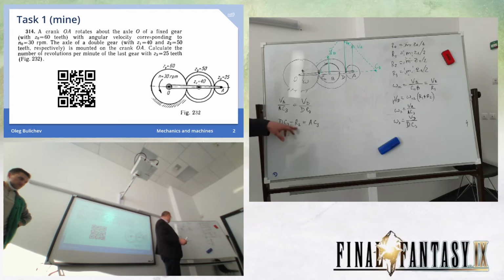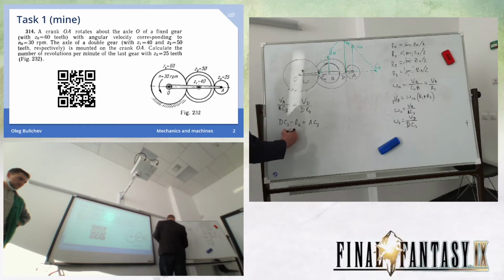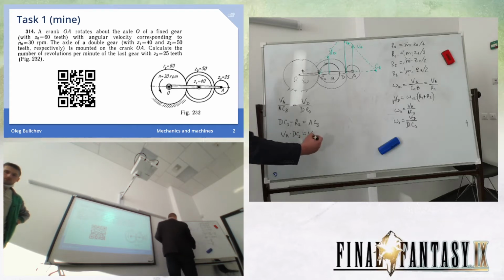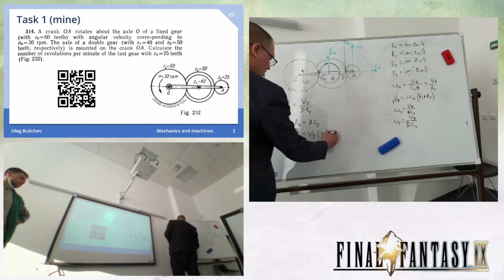Then we need to use this formula here, VA multiplied by DC3 is the same as VD multiplied by DC3 minus R3.